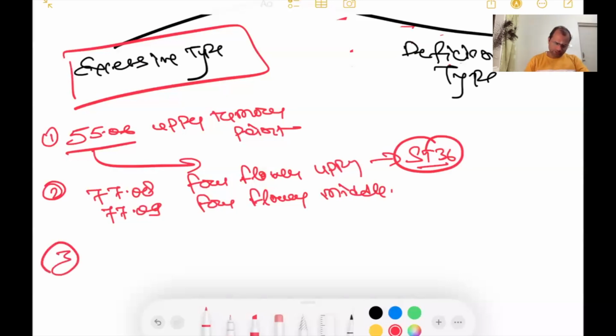The third point is 77.05 and 77.07. These are in the gallbladder meridian. हमारे पैरों, हमारे एंकल जॉइंट के पास 77.05 and 77.07. They are very good points.